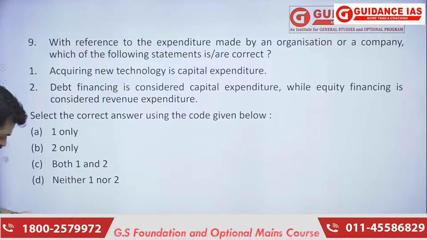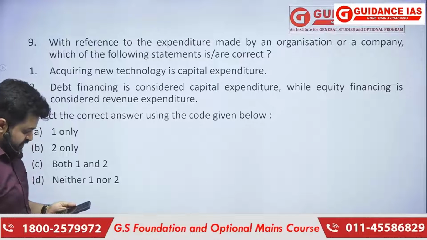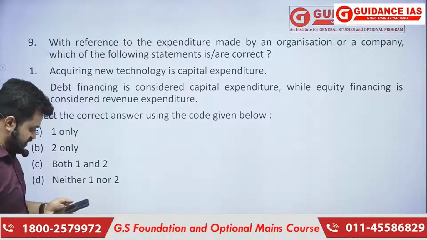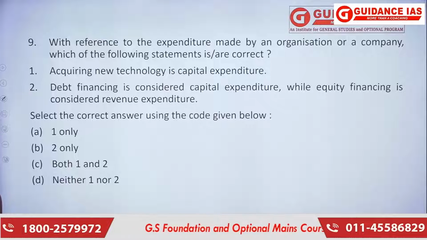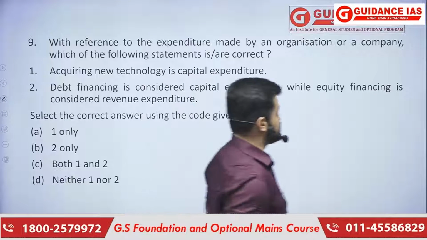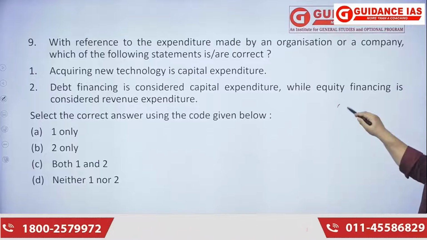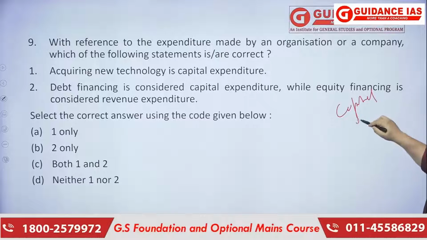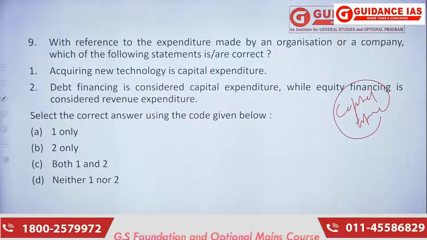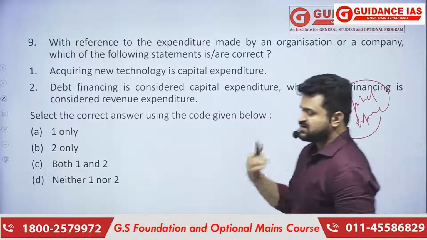Okay, next is with reference to the expenditure made by an organization or a company, which of the following statements are correct? Okay, acquiring the new technology is a capital expenditure. So you know what is capital expenditure? Capital expenditure would add to the assets which is going to increase the returns in future.